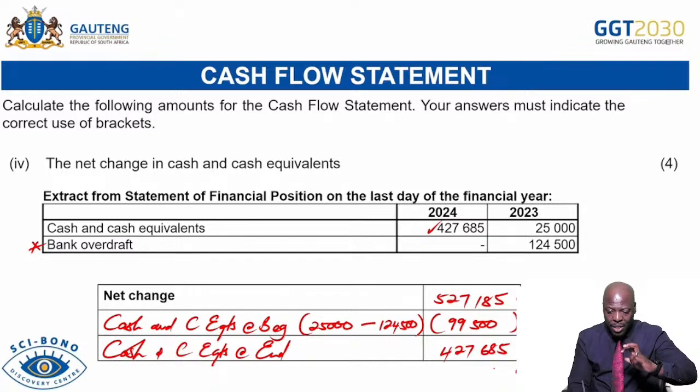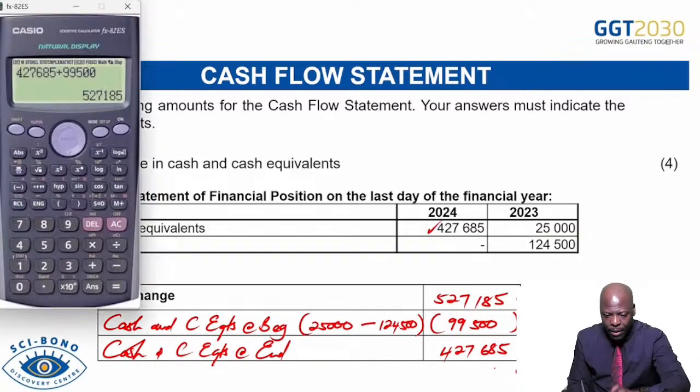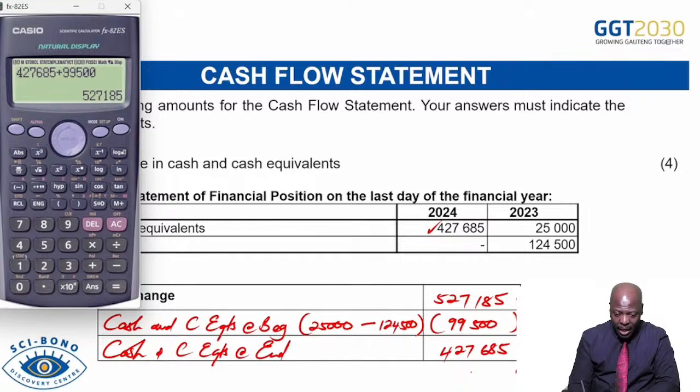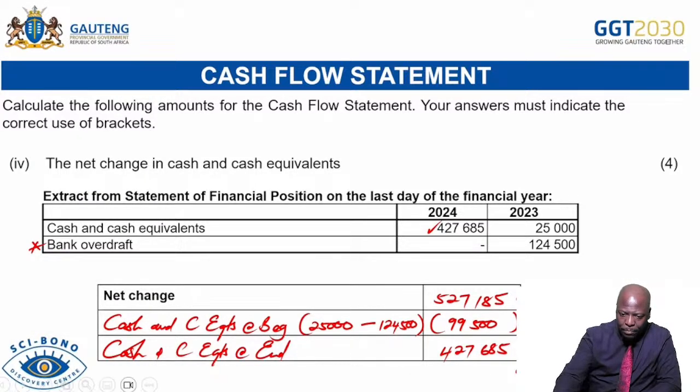On my 427,685, I add the 99.5 because I'm going up, and when I go down, I follow the sign. Hence, you end up with 427,685. Are we good?